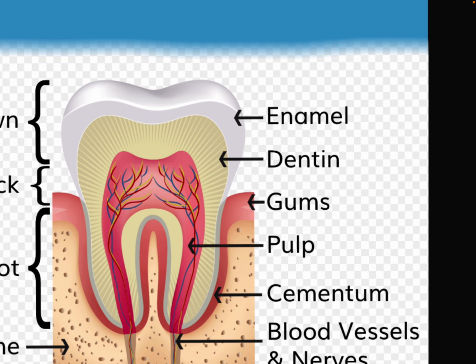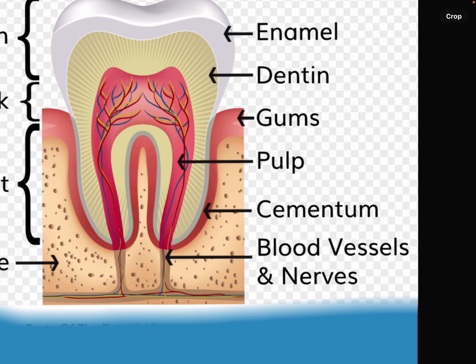So that's why the dentin is here to help the strongest, enamel. The dentin gives the enamel a surface to sit on, and it also protects the teeth. Then the pulp also protects the teeth.